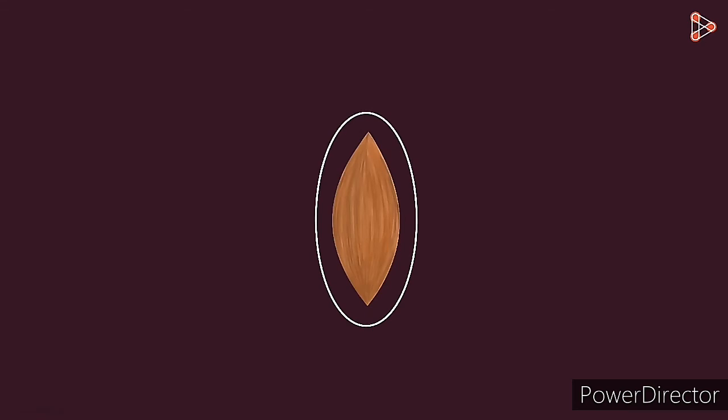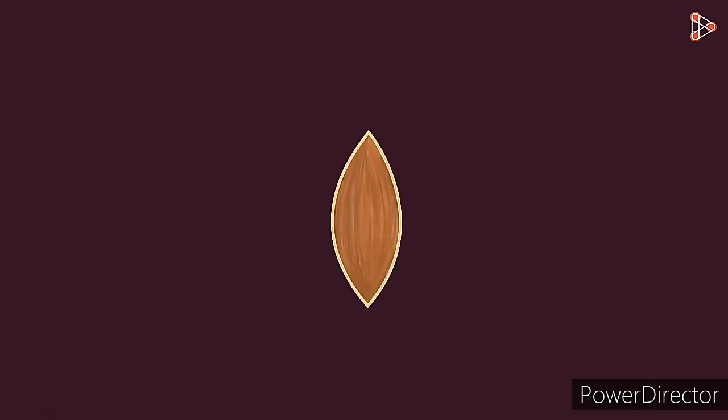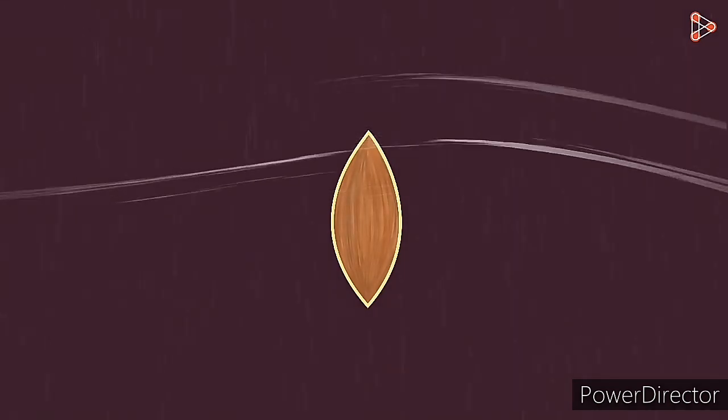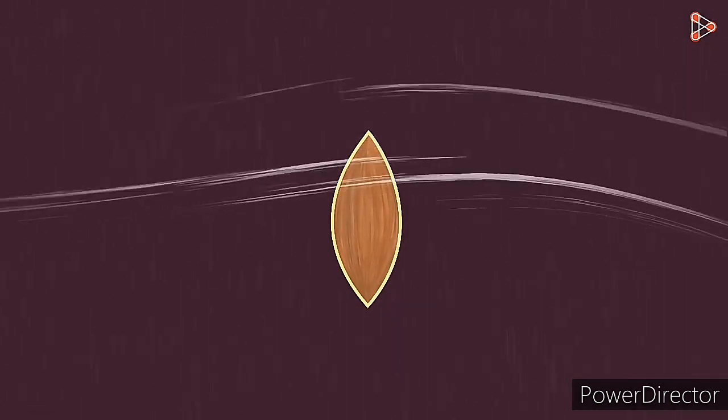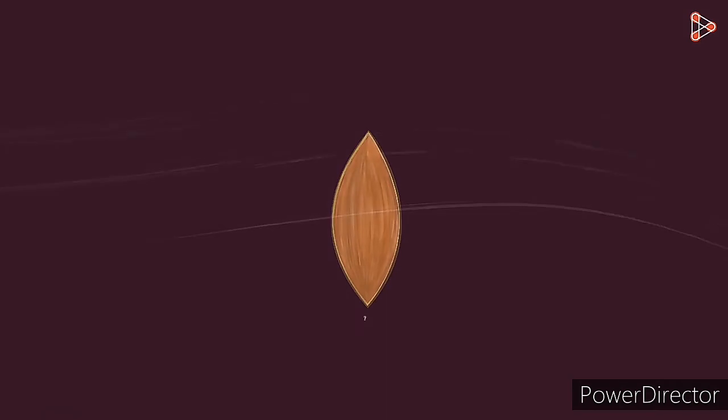A seed is kept safe by a protecting guard called the seed coat, which protects the inner delicate part called the embryo during unfavorable conditions. So, how does the plant grow from a single seed?